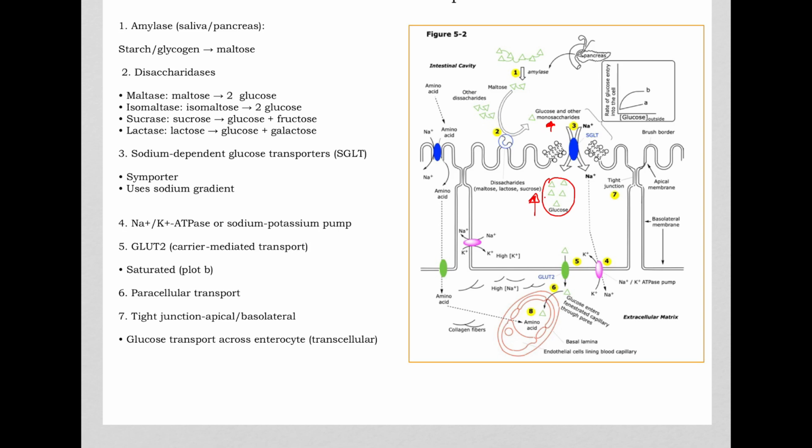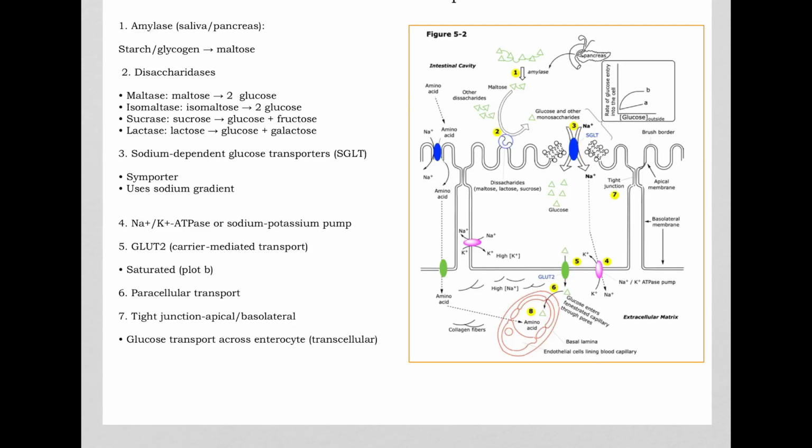But this does not matter, because although the concentration is lower in the GI cavity, all the glucose will still keep on coming into the cell. Why? Because of the driving force of the sodium gradient: sodium is continuously entering the cell, and that drives all the glucose in the GI cavity to also enter the cell.